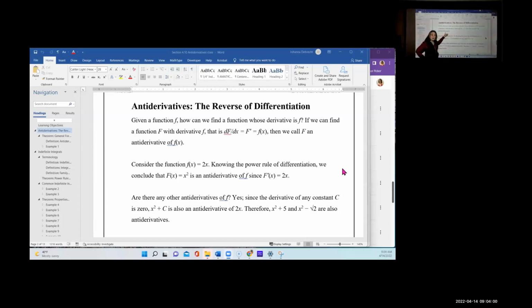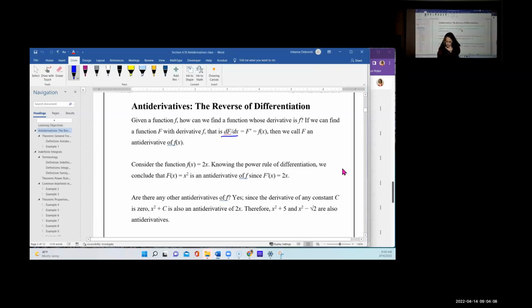So we call uppercase F an antiderivative of lowercase f if when we take the derivative of uppercase F, we end up with lowercase f. So the derivative of the antiderivative is equal to the original function. So this is the derivative of the antiderivative.